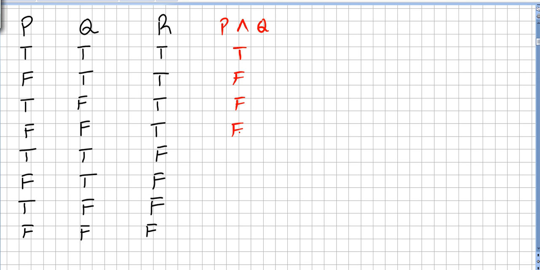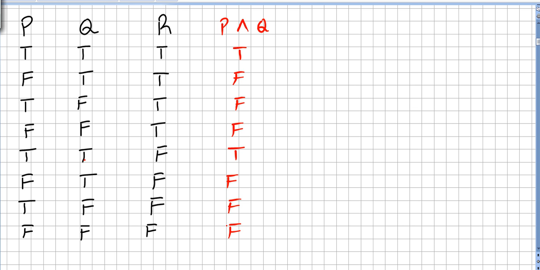False, false, so false. Those two are true, true, so this one is true, because it's only P and Q. Oh, P and Q, we are not counting R now. So false, true, this one will be false, and false, false, this one will be false.